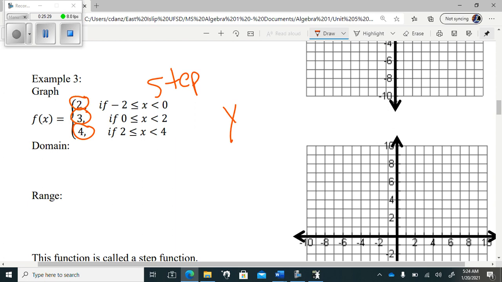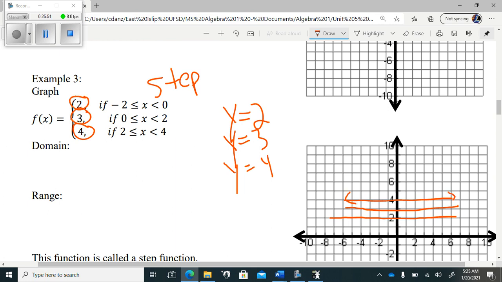If I just wrote y equals 2, you would know that that's a horizontal line at 2. If I wrote just y equals 3, then that would be a horizontal line at 3. If I wrote y equals 4, then that would be a horizontal line at 4. That's really what this is saying.